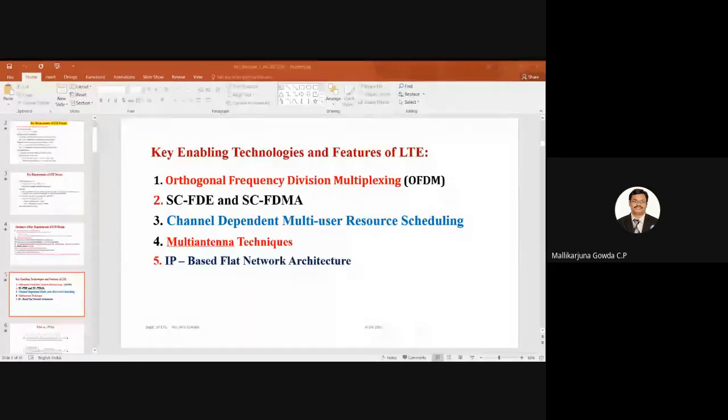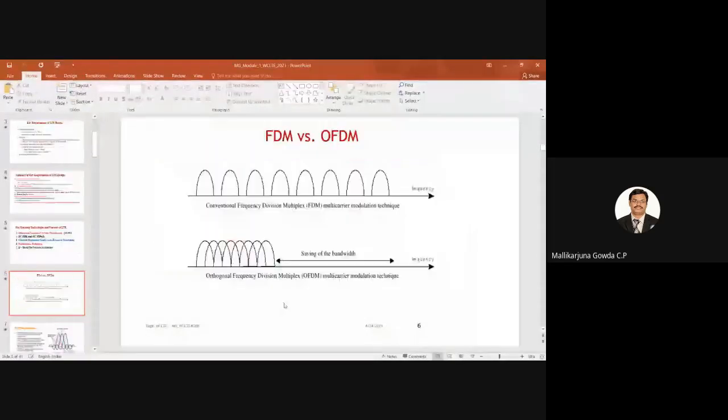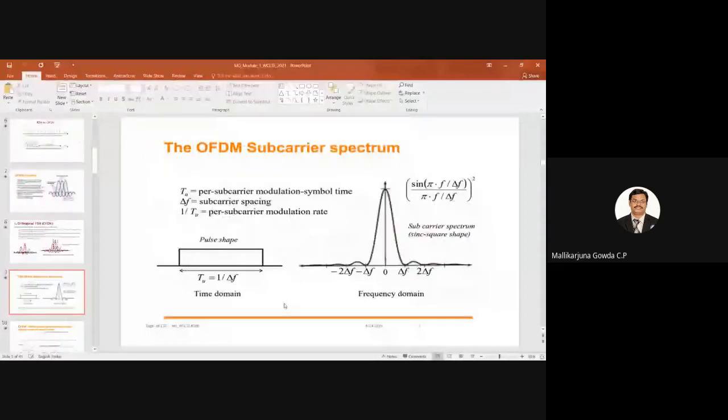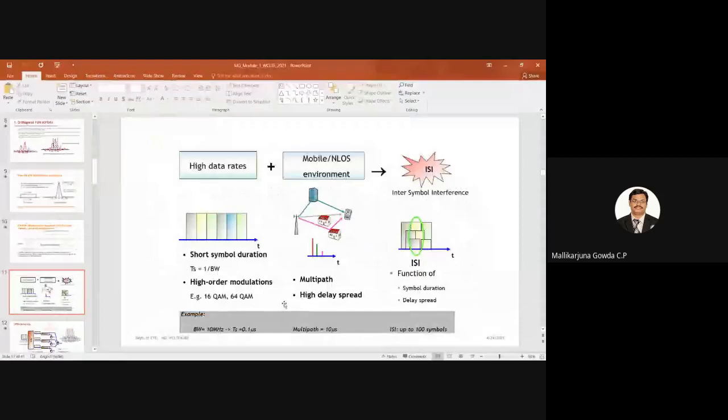See, a high bit rate serial data has been converted into parallel, the serial to parallel converter. This is all just a refresher. I said what the difficulty is with the wireless channel, that is multipath propagation.